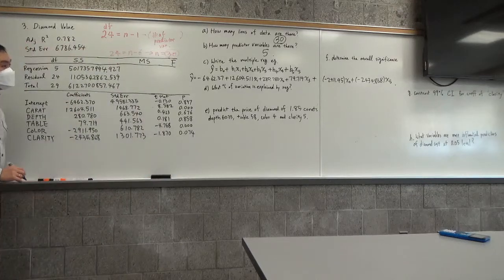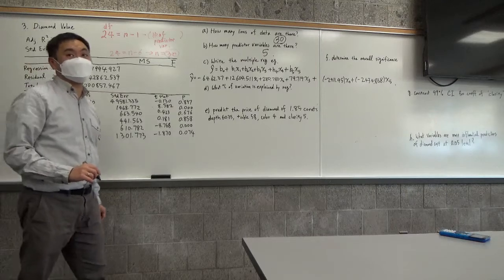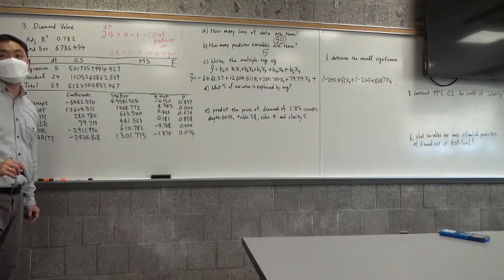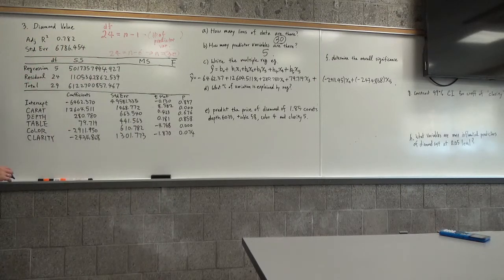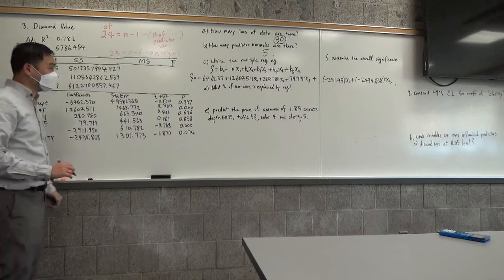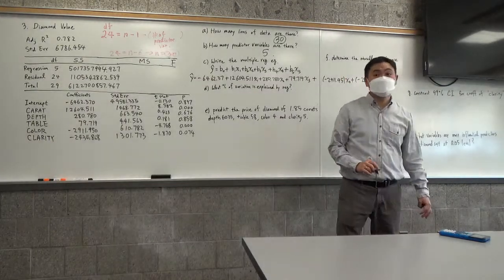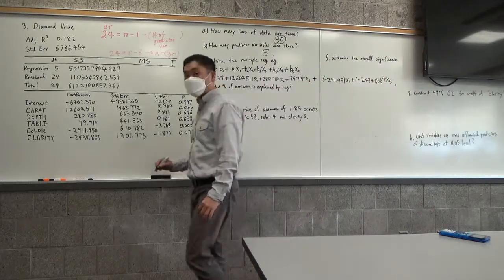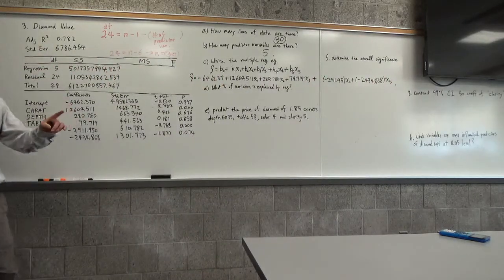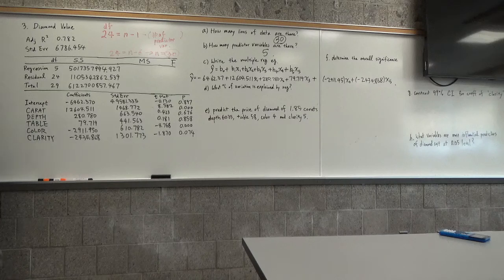What percent of variation is explained by regression? 78.2. So it's the adjusted R squared. Do you know the name of R squared? It's called the coefficient of determination.